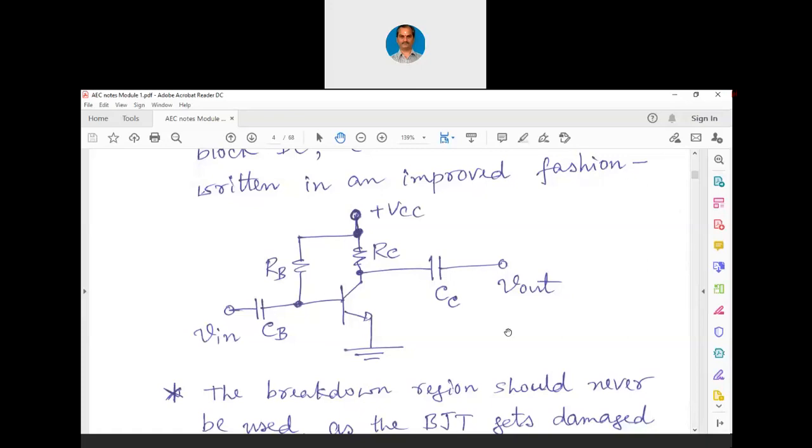So, such a minute signal is received on Earth, which means the signal need not be in picovolts also. It may be in femtovolt, attovolt, zeptovolt, yoctovolt. It may be 10 power minus 15, 10 power minus 18, 10 power minus 21, 10 power minus 24. Such small signals can be transmitted, such small signals can be sensed also.